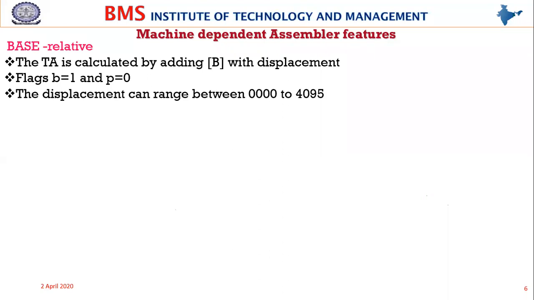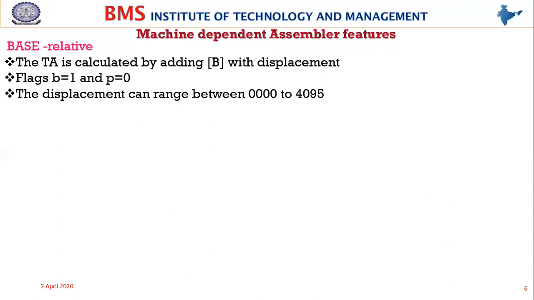The displacement range is increased. It is not minus 2048 to plus 2048, but now it is from 0 to 4095. If you can make an estimate of why this is so, the displacement value will be first. The same logic with the 2's complement will apply.